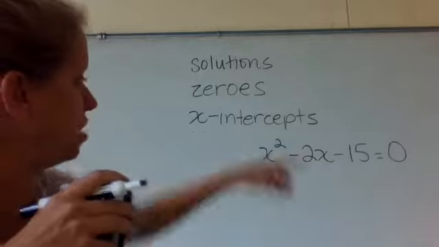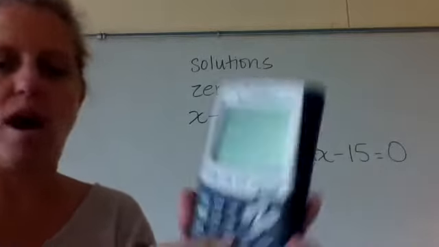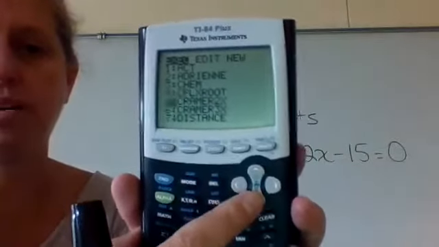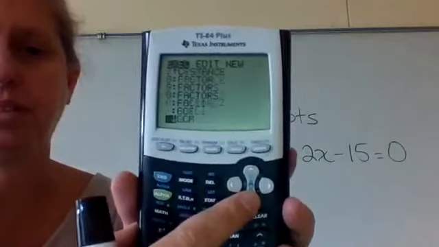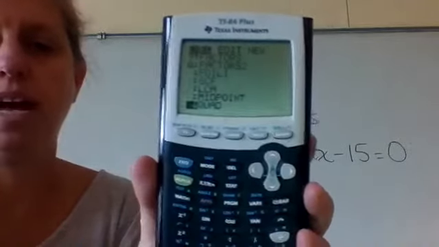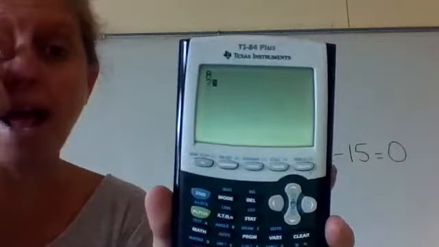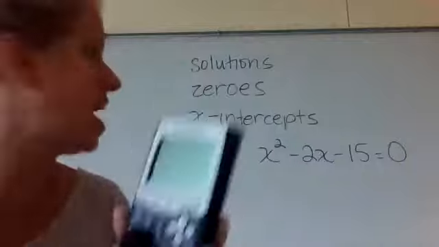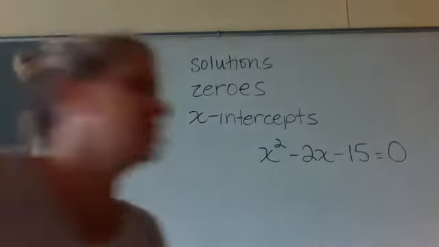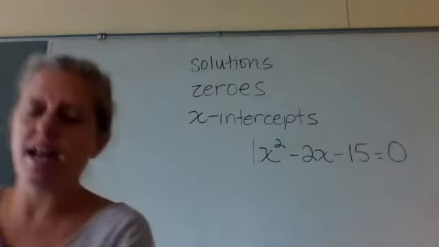So this is x squared minus 2x minus 15. I'm going to put this in my quad program. Program, down to quad. So there's my quad program. Now remember, it's going to ask me to enter what my A is. A is the number in front of x squared. Since I don't see it, that represents a 1 right there: 1x squared.